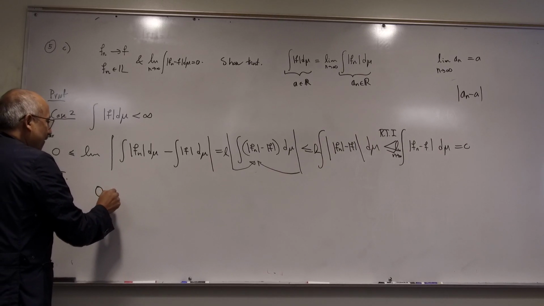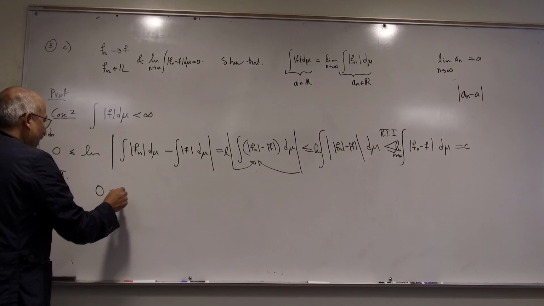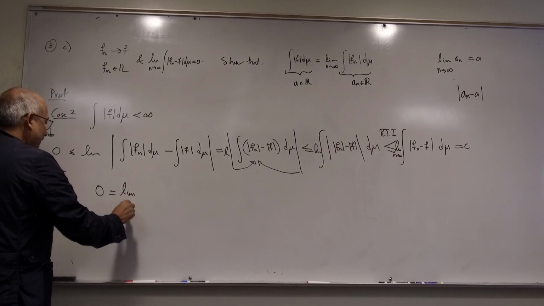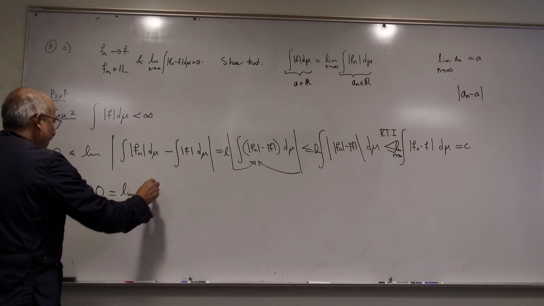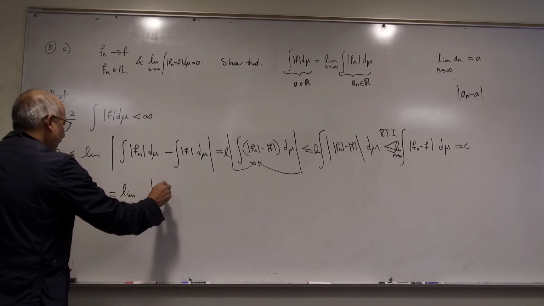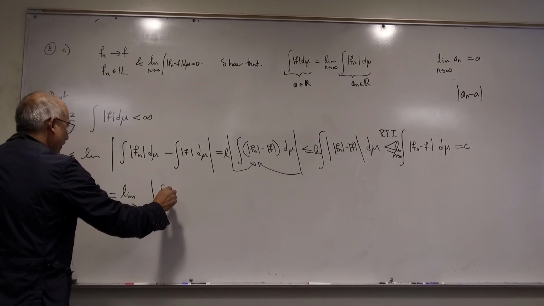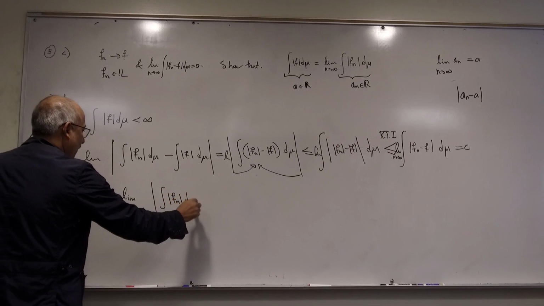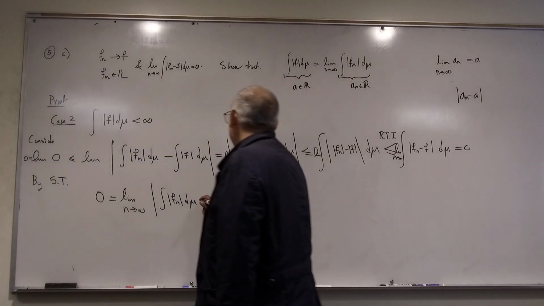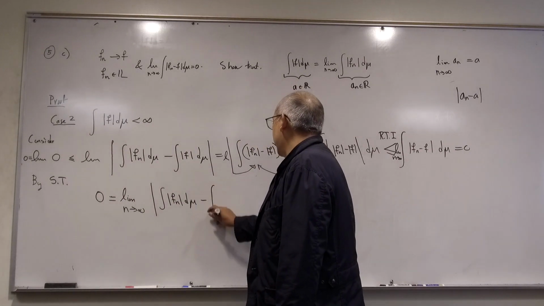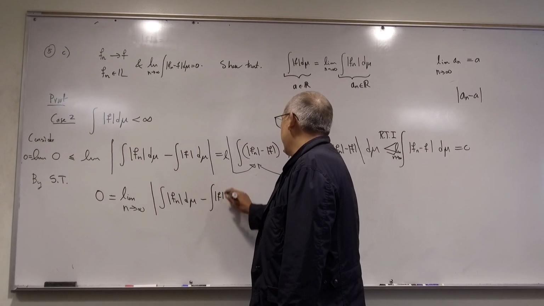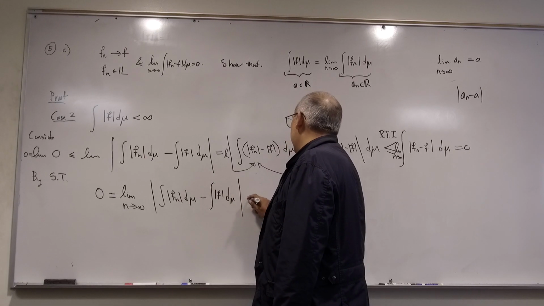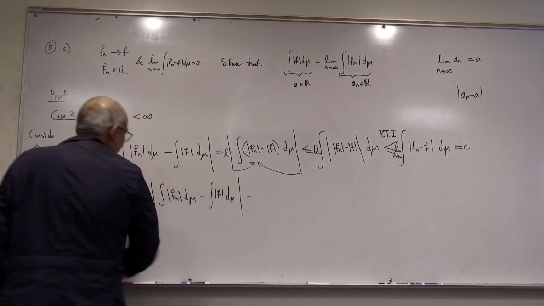equals the limit as n approaches infinity of the absolute value of the integral of f_n d mu minus the integral of f d mu, equals 0, right?